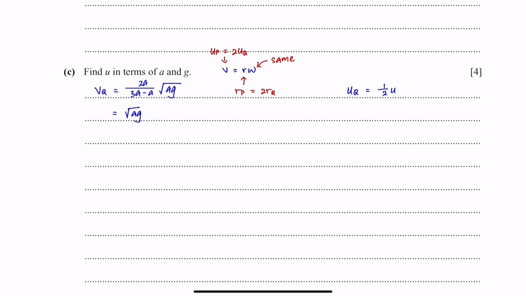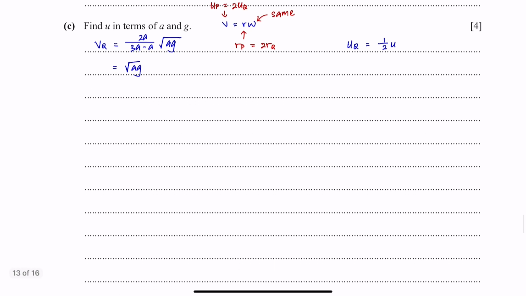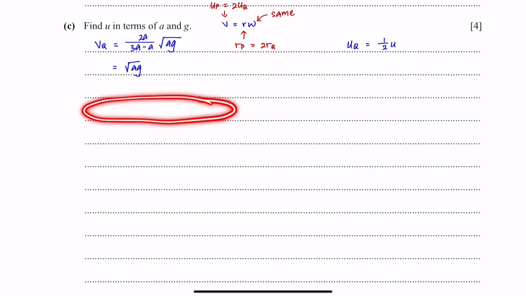And now we can use the energy equation. All the energy gain should be at the left hand side, and all the energy loss should be at the right hand side, and they should be equal.